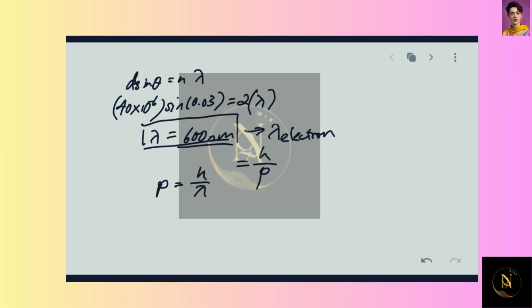With this momentum required, we can then find the kinetic energy, because kinetic energy is just p squared over 2m. So this is just h over lambda, squared, divided by 2m.